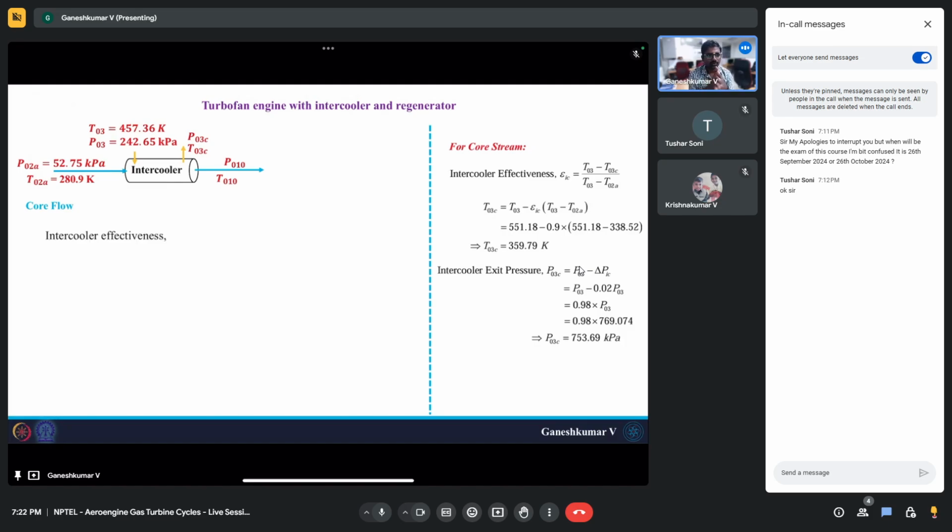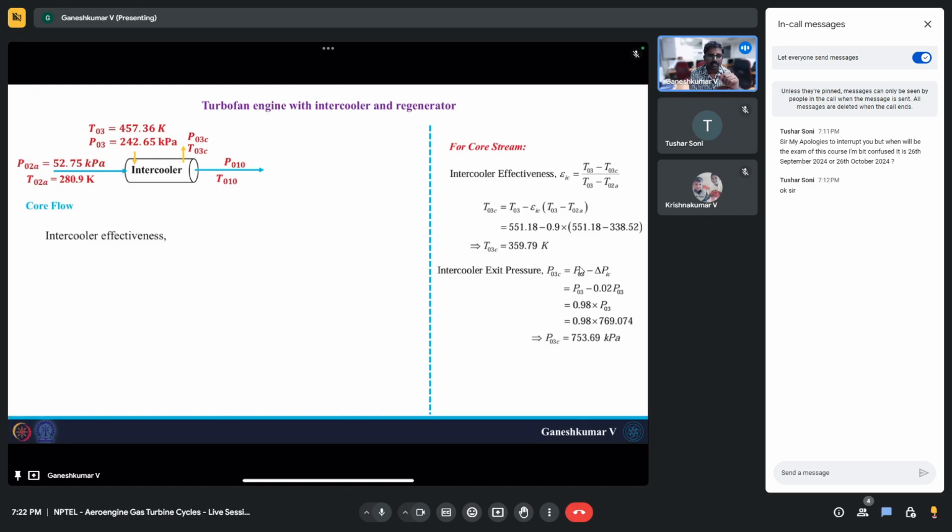I hope everyone knows this effectiveness concept. Probably if you're a mechanical engineer or aerospace engineer, you should have studied heat exchangers at some point in your bachelor's, maybe in first, second, or third year. You should have studied heat transfer, and you would have known heat exchangers.